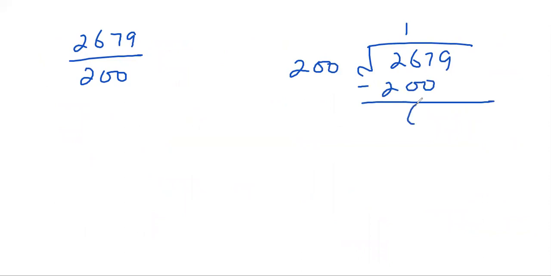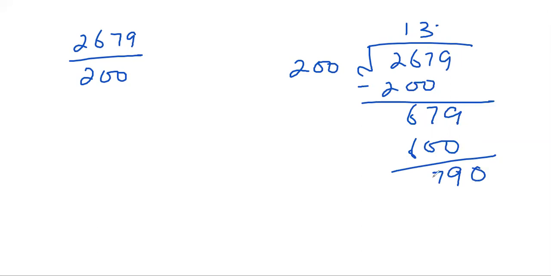You will get 67 and 9. 200 twos are 400 and threes are 600. So it's 13.3 in the decimal form.